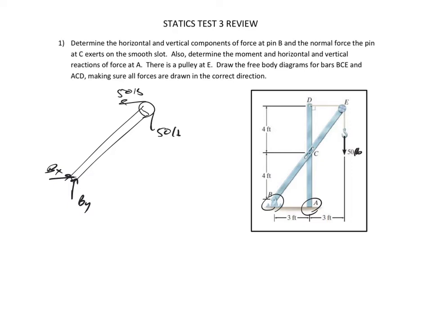Make sure you understand pulleys and know how to handle them. And then at C, there is a force that is normal to the slot. So I'm going to say there's this NC that is perpendicular to the beam. So the beam is at 3, 4, 5. This is going to be a 4, 3, 5 right there. So there's my free body diagram.